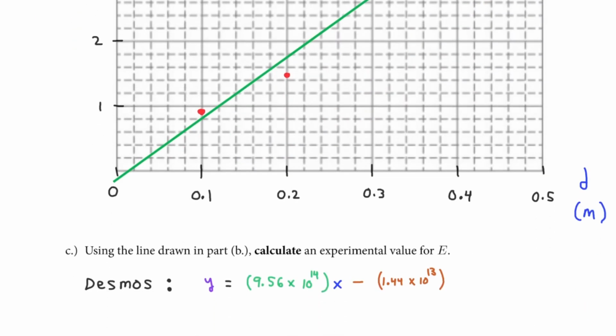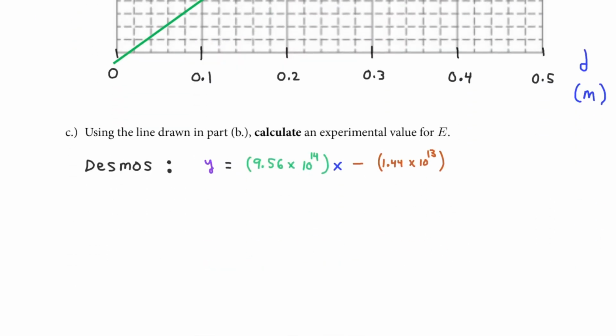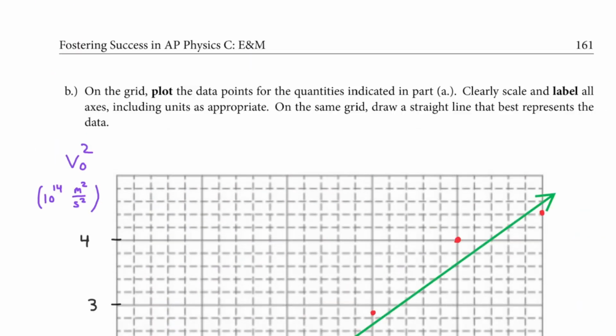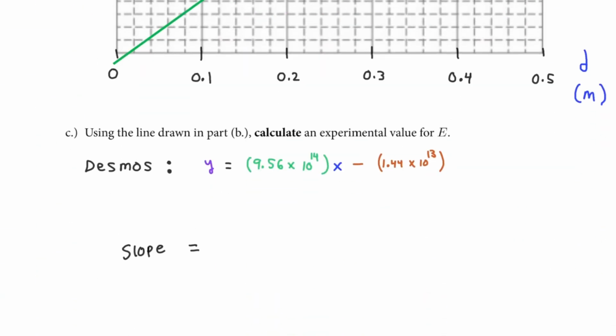So then, just doing some linear regression in Desmos, this was the equation I got. And we used the best fit line because we said that the slope of our line was equal to 2qE over m.